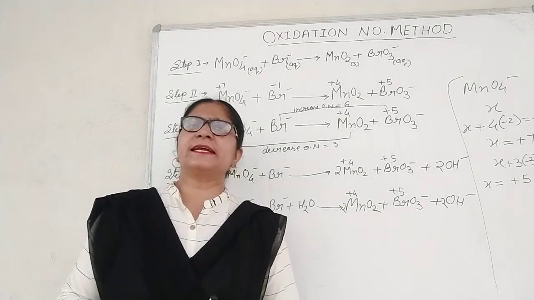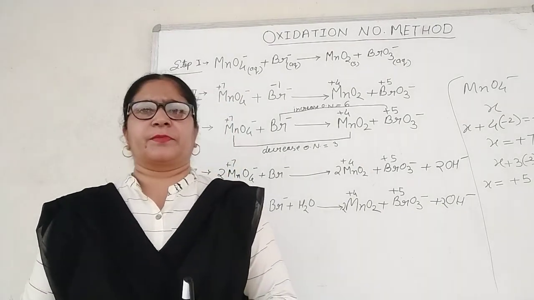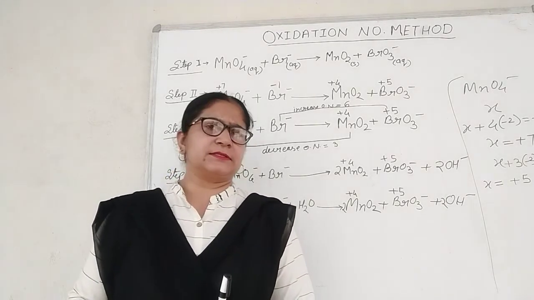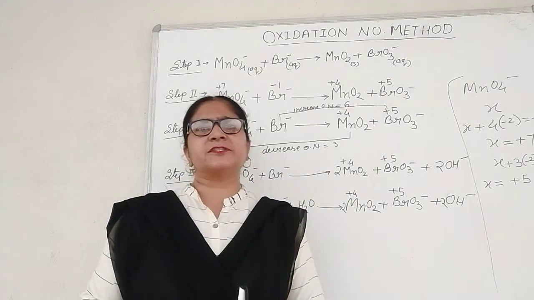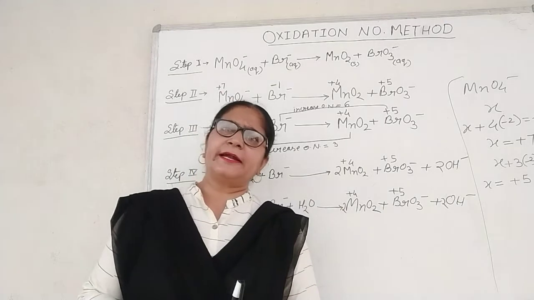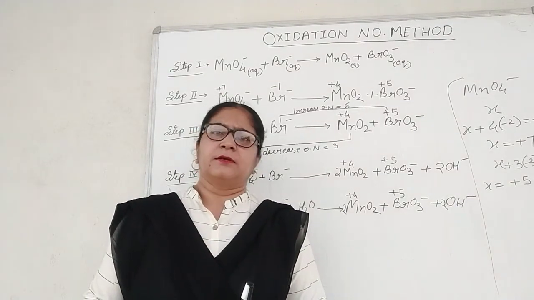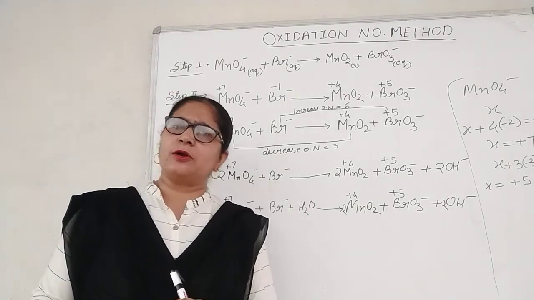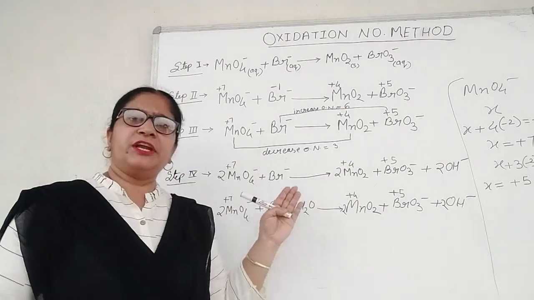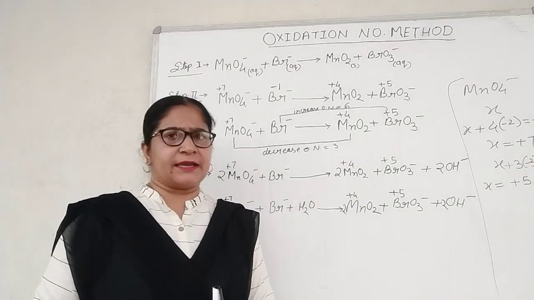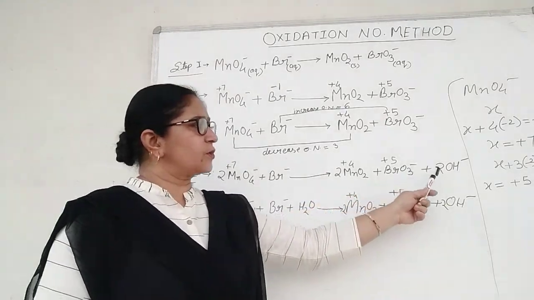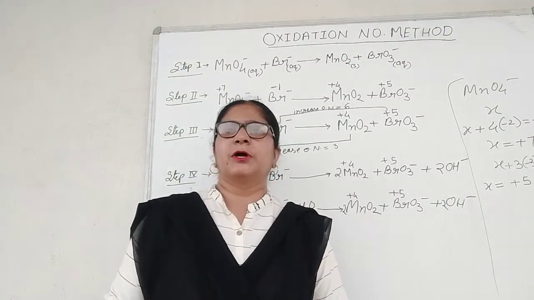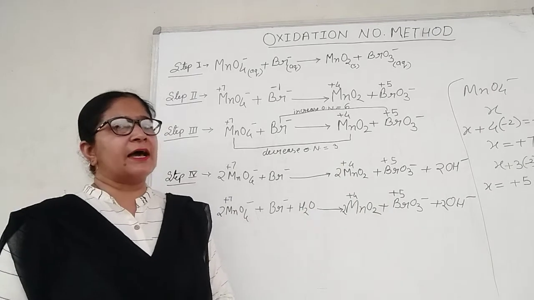If the reaction takes place in an acidic medium, then add H plus ions. But if the reaction takes place in a basic medium, then add OH minus ions. As the reaction occurs in basic medium and the ionic charges are not equal on both sides, we need to add 2 OH minus ions to the right hand side of the equation, so that the ionic charges are balanced.